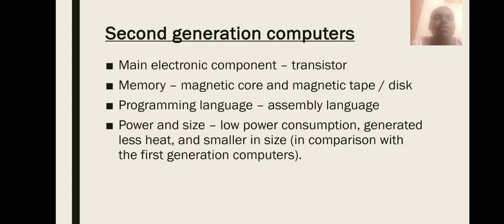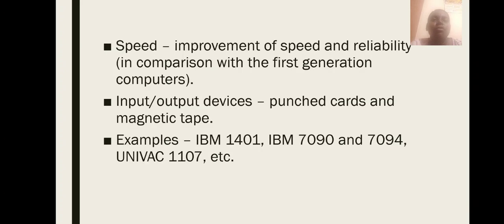Power and size: low power consumption, generated less heat than the first generation, and smaller in size compared to the first generation computers. Speed: improvement of speed and reliability in comparison with the first generation computers. Input and output devices: they used punched cards and magnetic tapes. Examples are IBM 1401, UNIVAC 1107, etc.